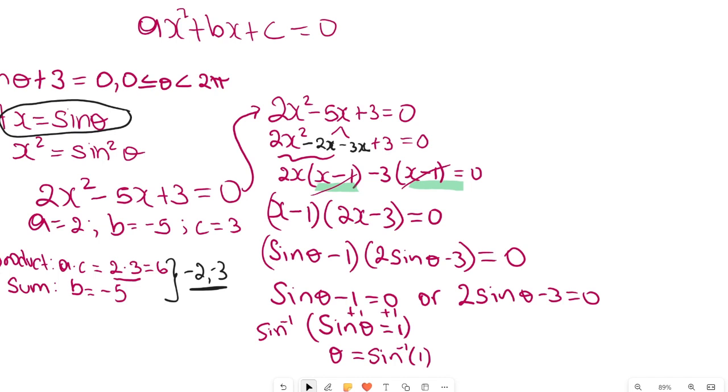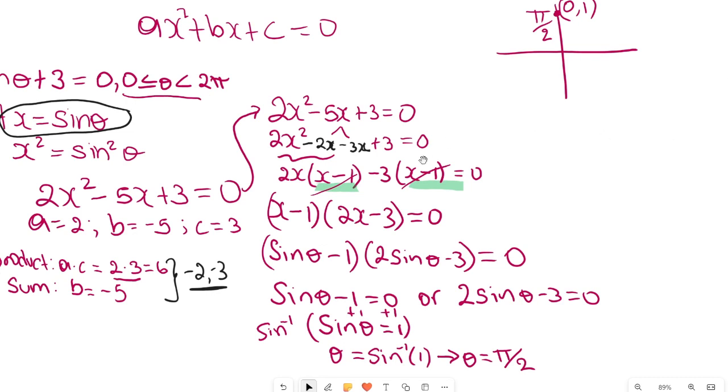And if you think about it, on the unit circle, when y is 1, that's going to be up here, because this point here is (0, 1). And so that's going to be pi over 2. So that means that theta is equal to pi over 2. Okay, so that's how you would solve that. And that's the only theta that's going to be 1 in the range that we're looking for, where theta is between 0 and 2 pi.